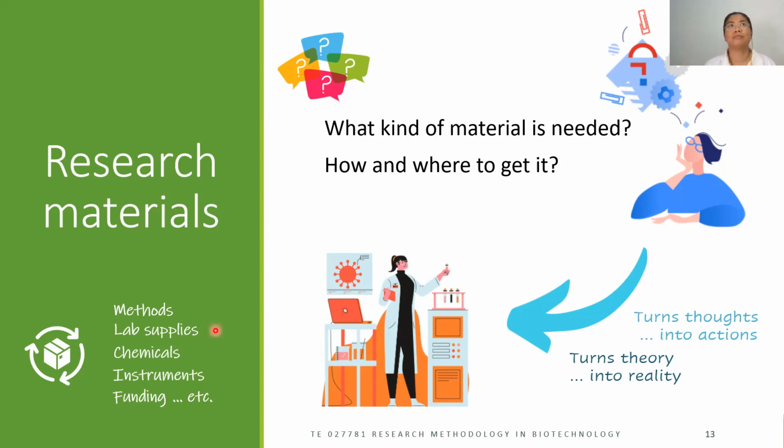Lab supplies means your flask, your bottle, your chemical, your pipette tips, your microcentrifuge tube, your volumetric flask, your glassware, your plasticware. That is the lab supply. You have to think about that when you are thinking about research material as well.